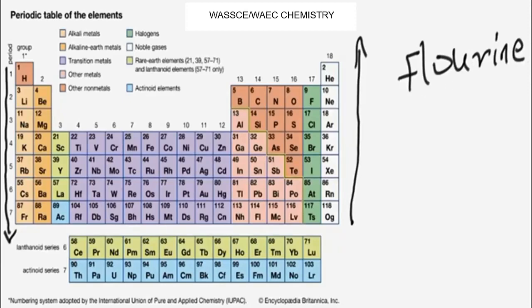So with this information, if you know the group of one element, you can predict the properties of other elements in that group. This is basically what you have to know about the modern periodic table.